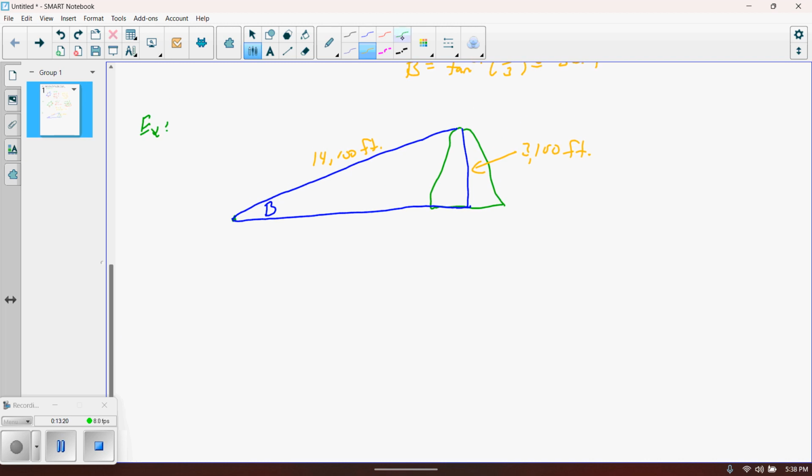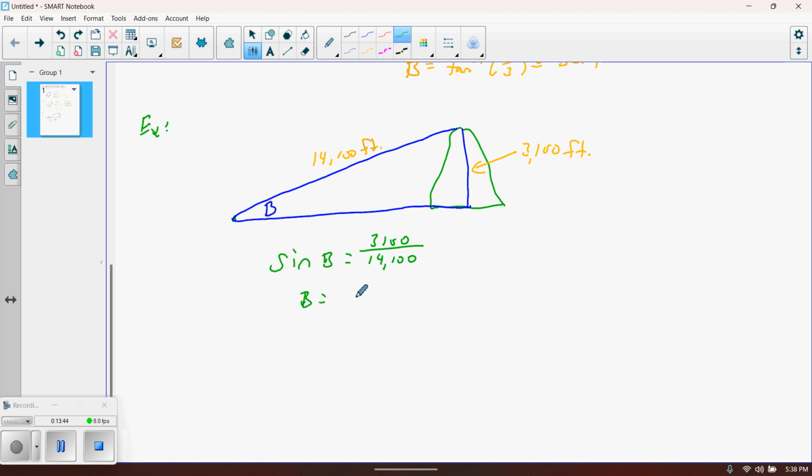In any case, if I wanted to do this, I know the opposite and the hypotenuse, which would be sine. So we would take the sine of whatever b is and get the opposite, 3,100, over the hypotenuse, 14,100. And in order to find the angle, we would take the inverse sine of both sides.